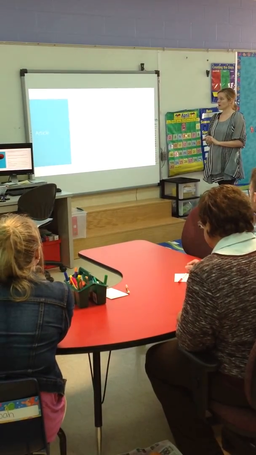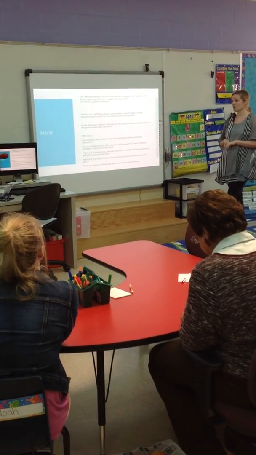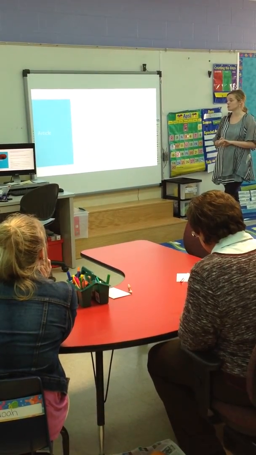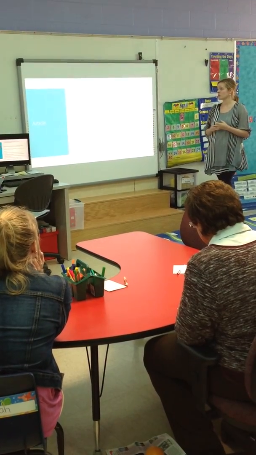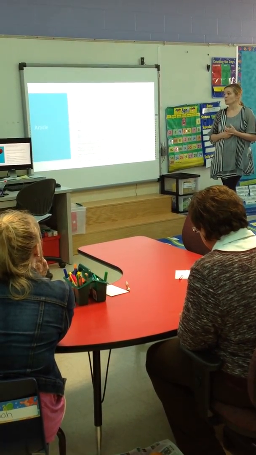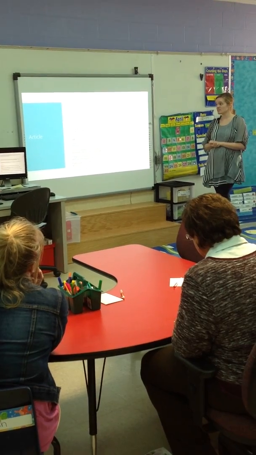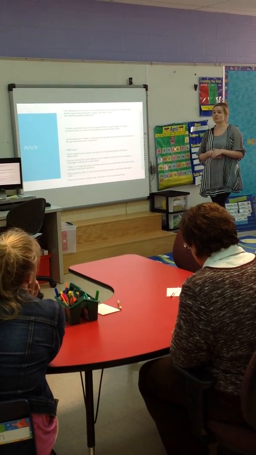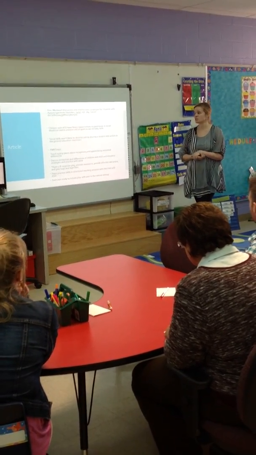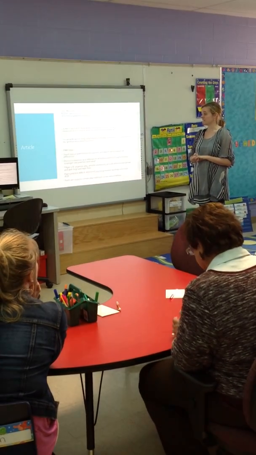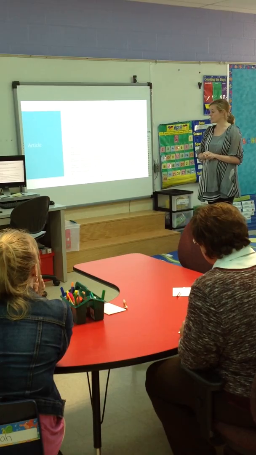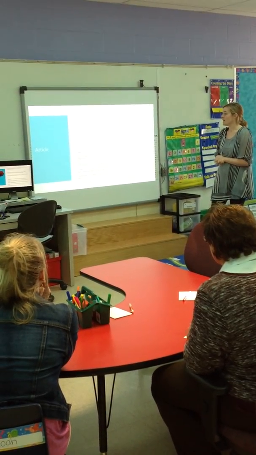And from this article, I learned that students with autism have fewer opportunities to participate in social situations and to practice and acquire social and play skills. Autism is a social disability, so they should be having more opportunities to participate in situations and activities that help with their social skills.